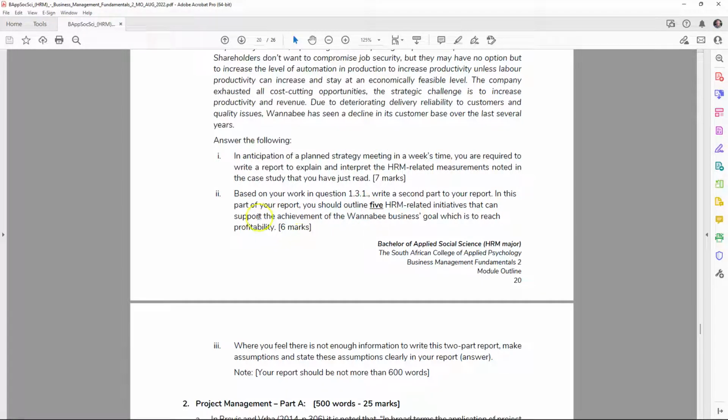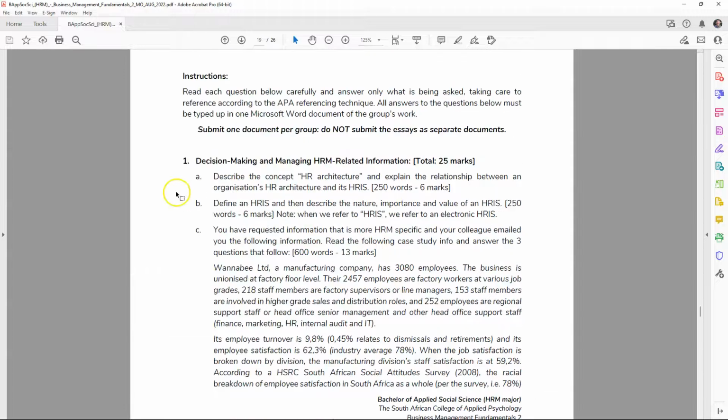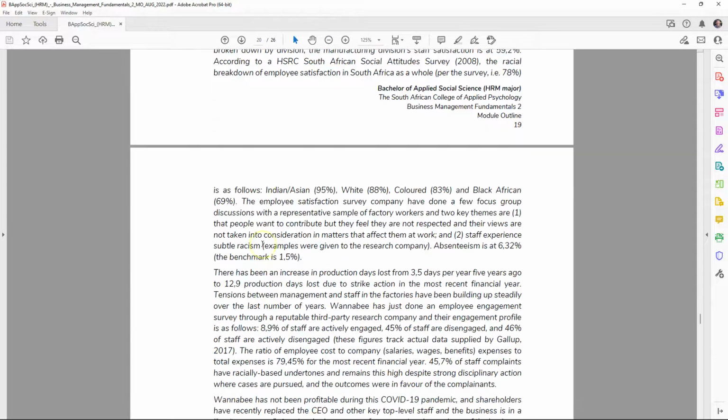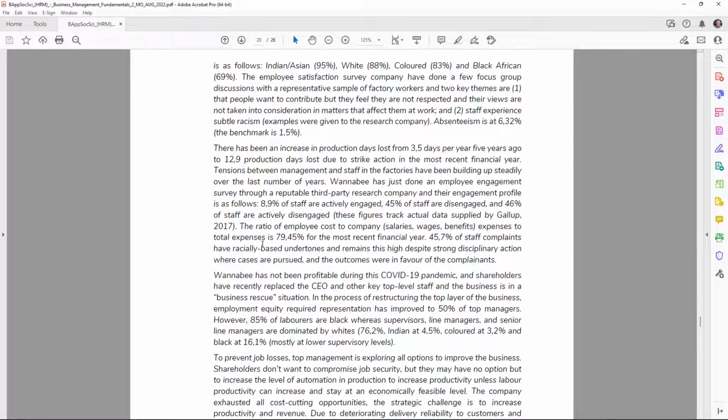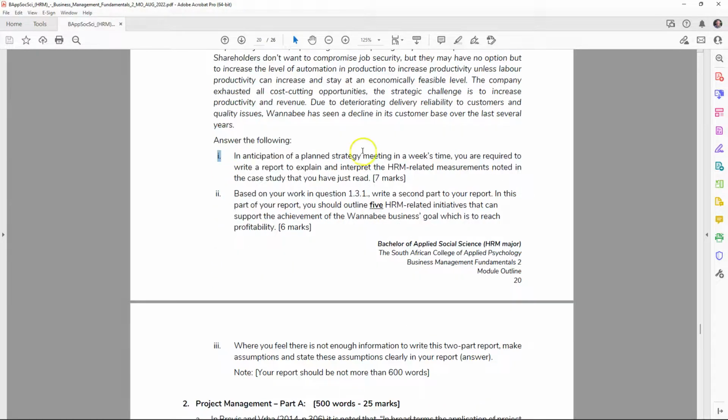Then the second heading would be based on your work in question 1C1, and that may confuse you: the 1C1 refers to the Roman numeral I there. So it is actually question 1C, Roman numeral I, so that you don't get confused.